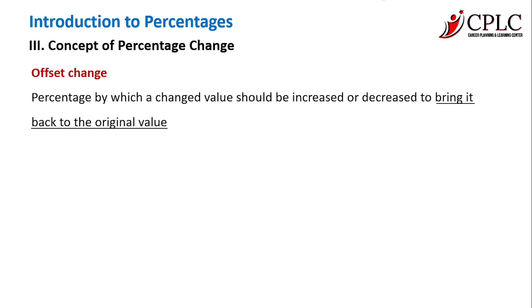So the first statement is a 20% increase can be offset by dash. Again, what we will need to do first of all is find out the fraction for 20%, and the fraction for 20% is 1 by 5, for example. So we can say that the base value is 5, and on that base value we are increasing by 1.